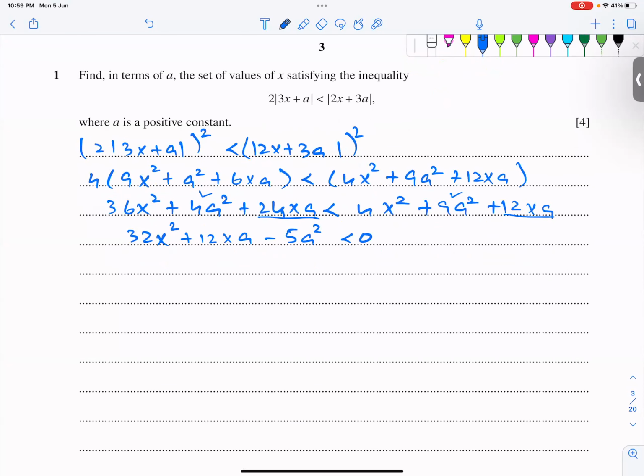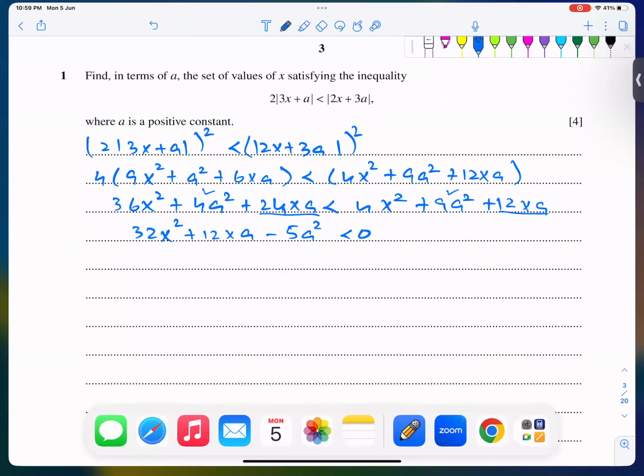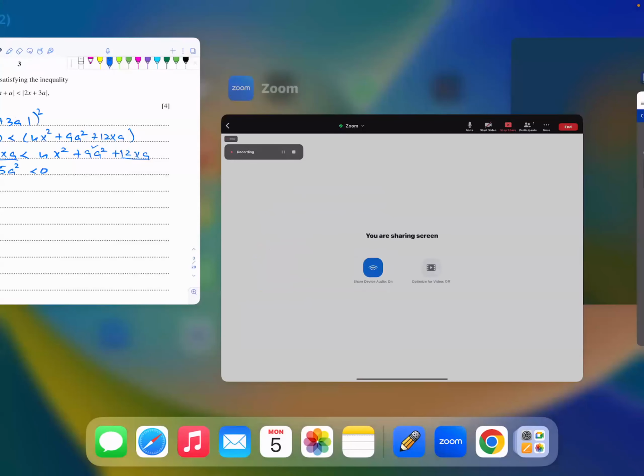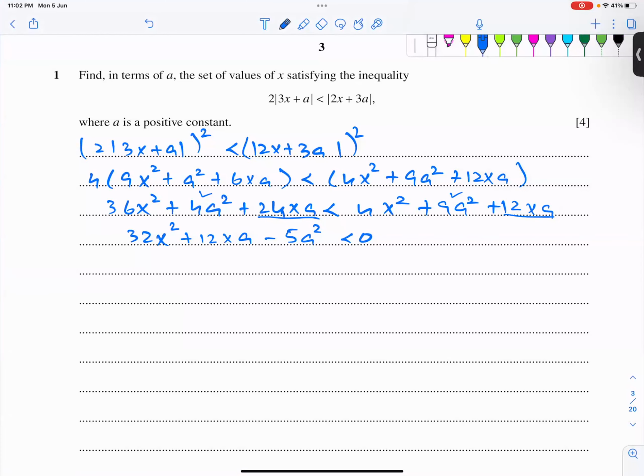Now you'll apply the quadratic formula to find the values for x in terms of a. So now apply the quadratic formula on this.